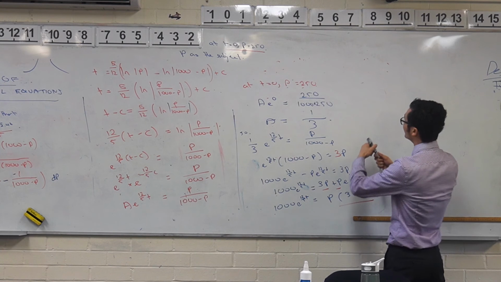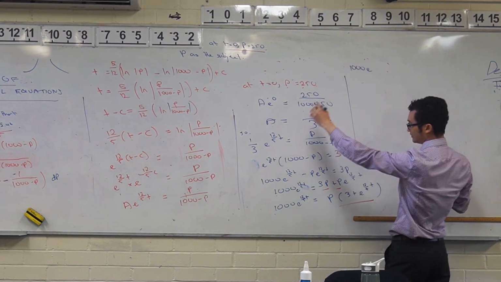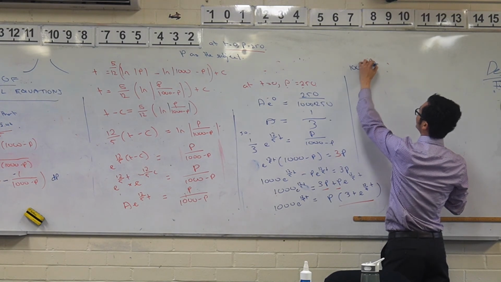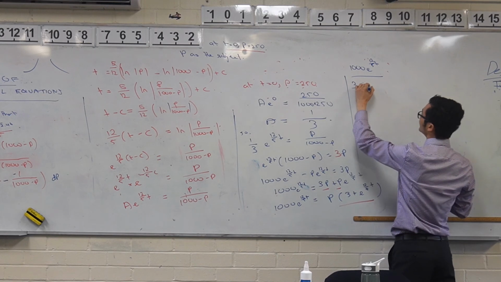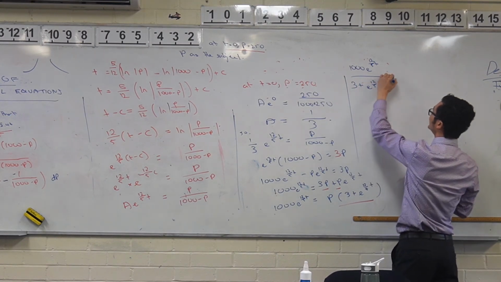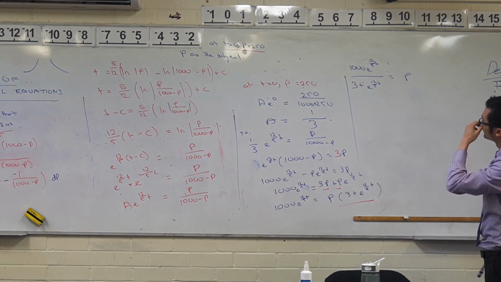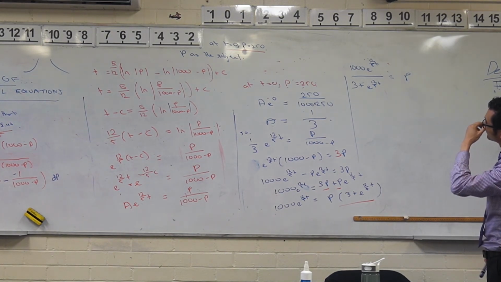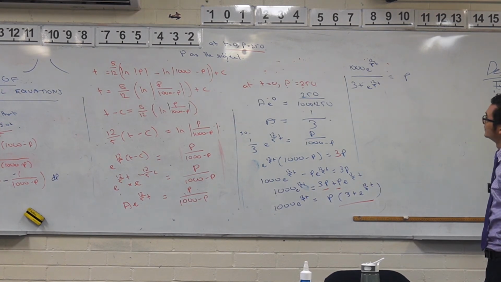So we're going to get 1000 e to the 12 on 5t all over this, and that's equal to p. And then what did you say, Matt, that you wanted to do? Bring the top p down to the bottom, and then it becomes negative 12 on 5t, and then you multiply by the 3, and then the positive 1 becomes 1.